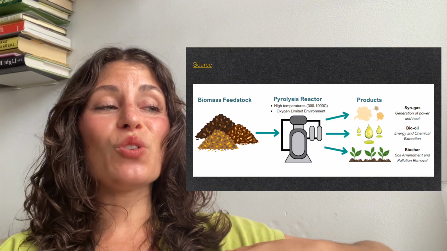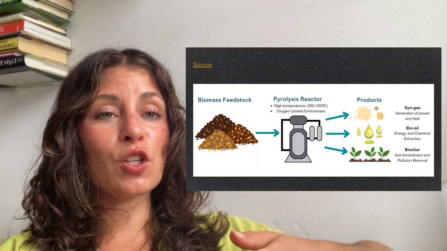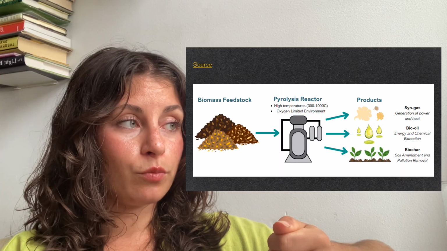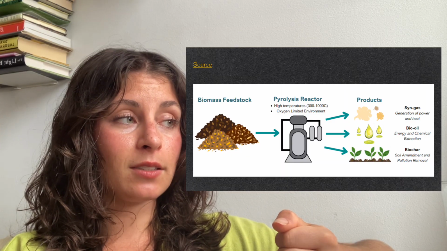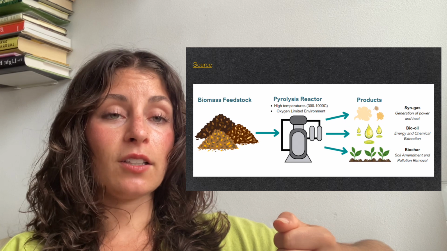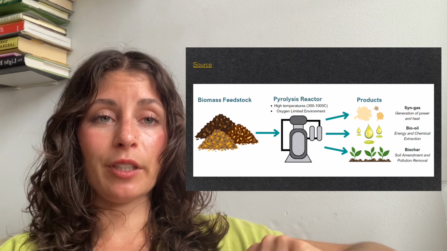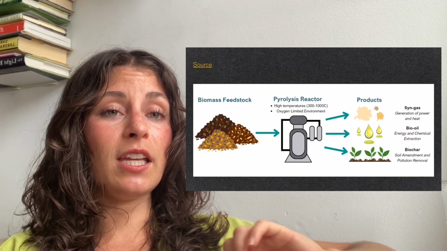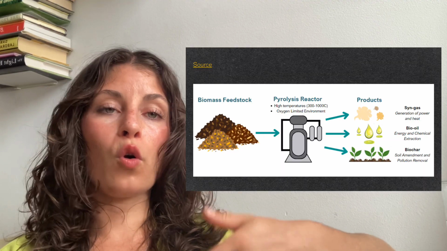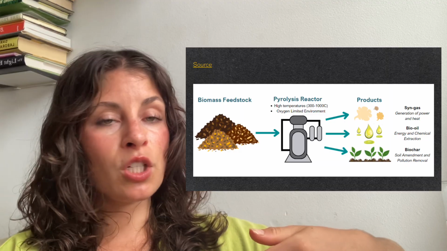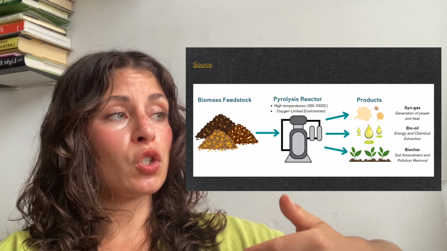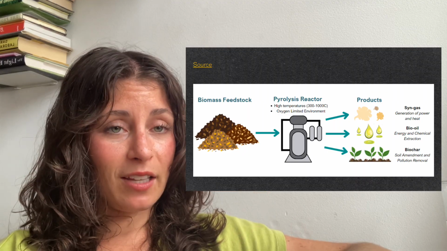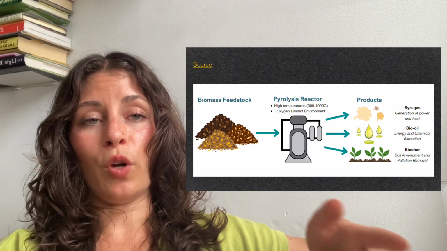In an ideal world, the system that you're working with is able to collect that bio oil, collect that gas, and collect the solid all separately, because you can use, as you can see here, each of those parts for continued energy production, chemical extraction, generation of power and heat. We can utilize everything, and that's ideally what you want to do.